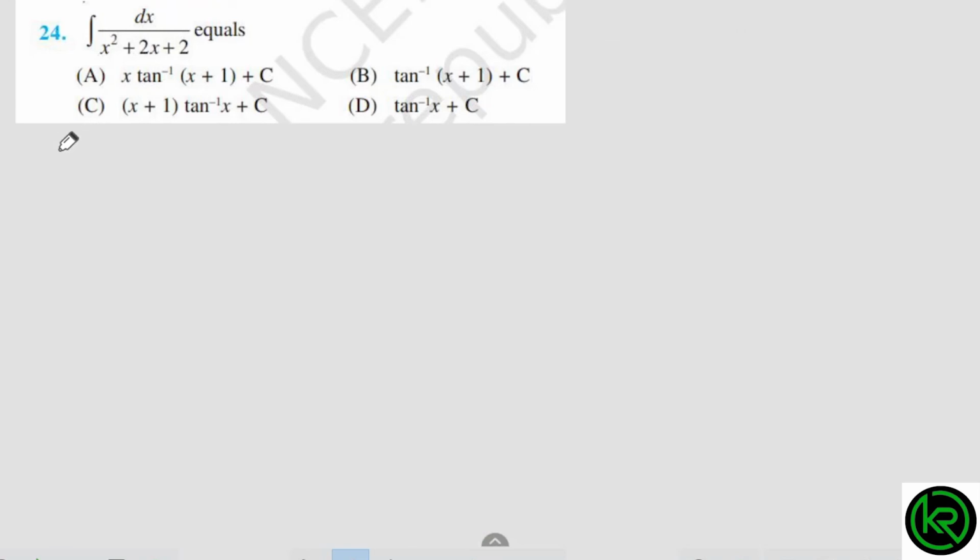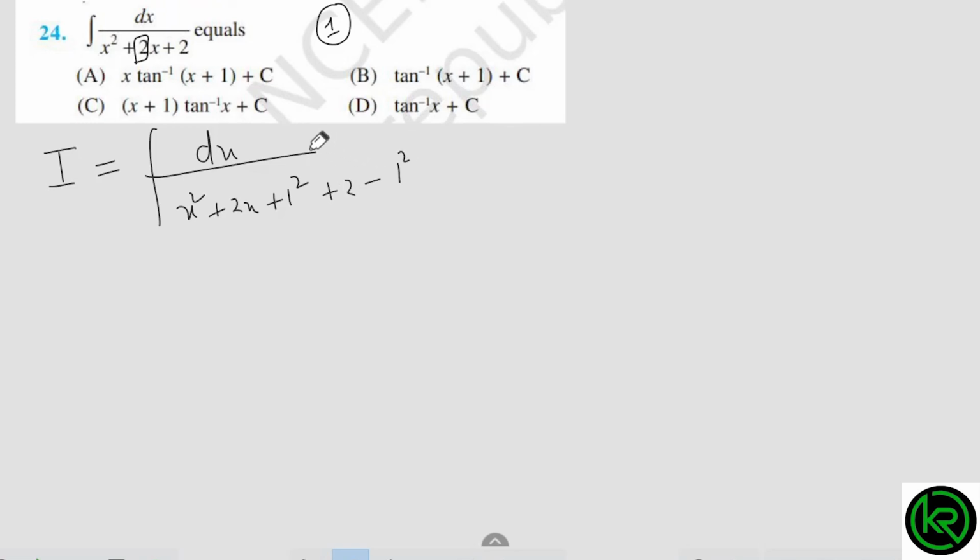So question number 24, students. I is equal to dx upon x square plus 2x plus 2. Here the x coefficient is 2, so divide 2 by 2 and you will get 1. So add and subtract 1 square, which forms the formula x square plus 2ab plus b square.